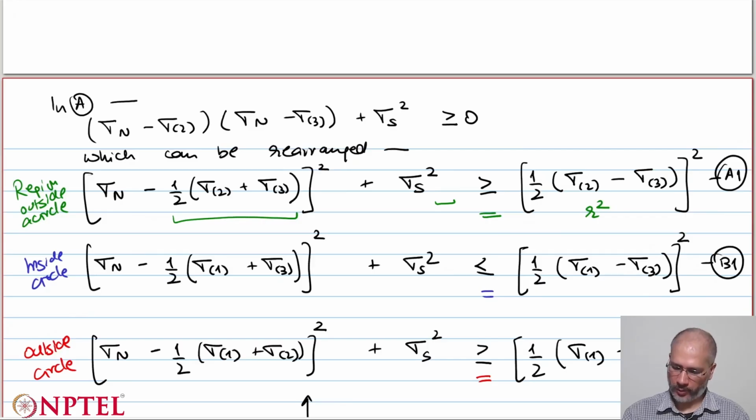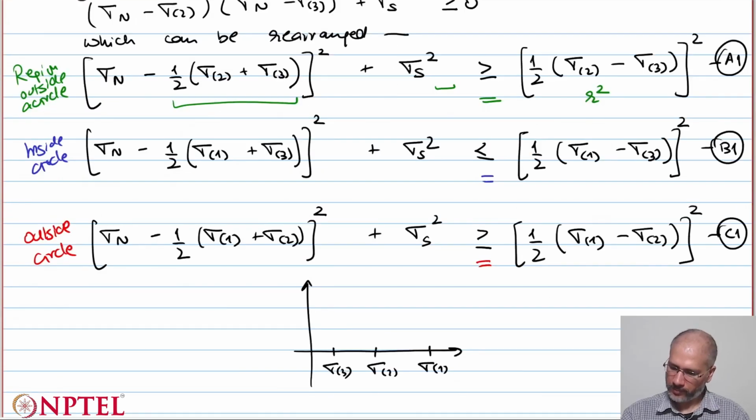So let's plot this point. (Sigma 2 plus sigma 3) by 2 is some point in the center here, and the radius is (sigma 2 minus sigma 3) by 2, which gives us this circle.